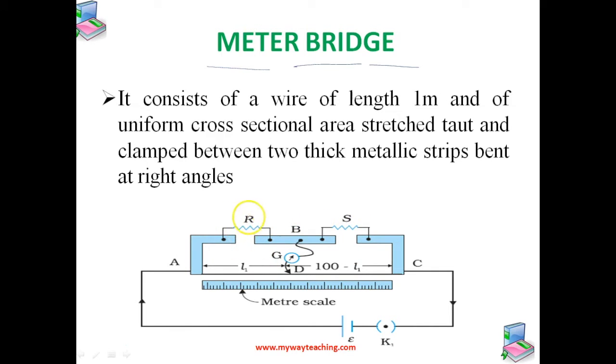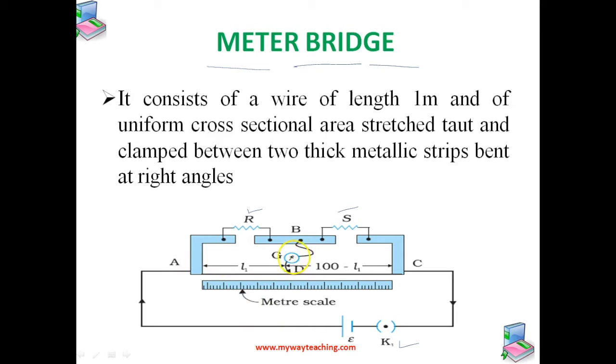So here we have connected the resistor R and the resistor S. The end points where the wire is clamped are connected to a cell through a key. One end of a galvanometer is connected to the metallic strip midway between the two gaps.